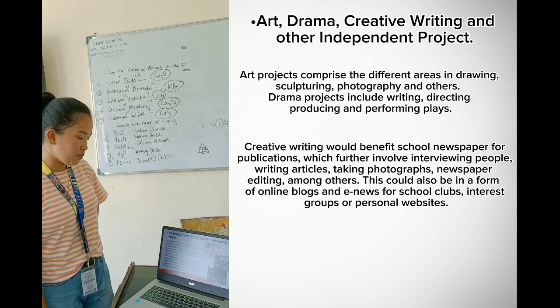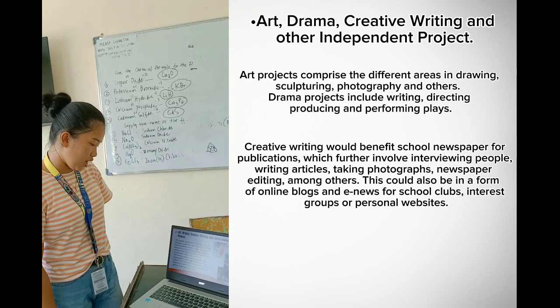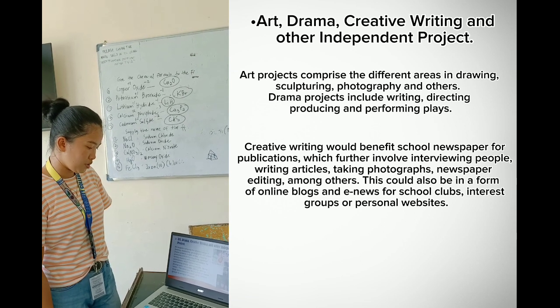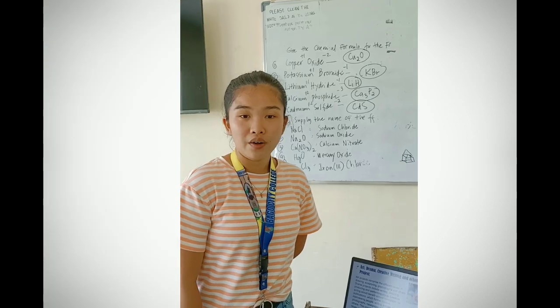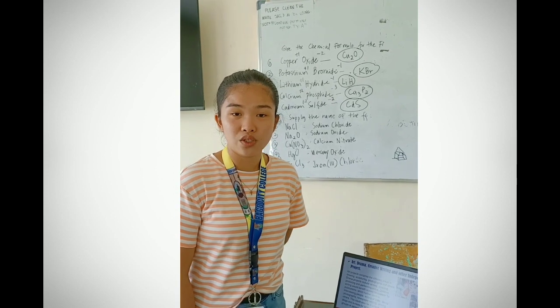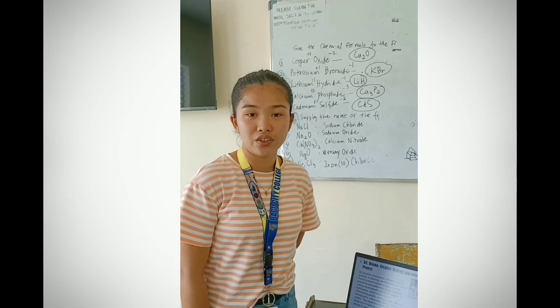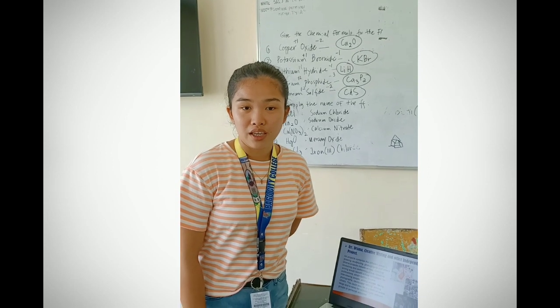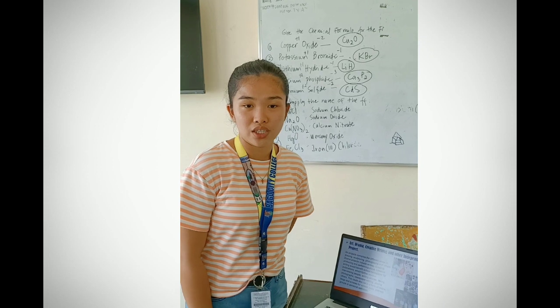This could also take the form of online blogs and e-news for school clubs, interests, and groups, or personal websites. Independent projects allow students to pursue their interests throughout the year. These projects are generated by each student's passion and interest.